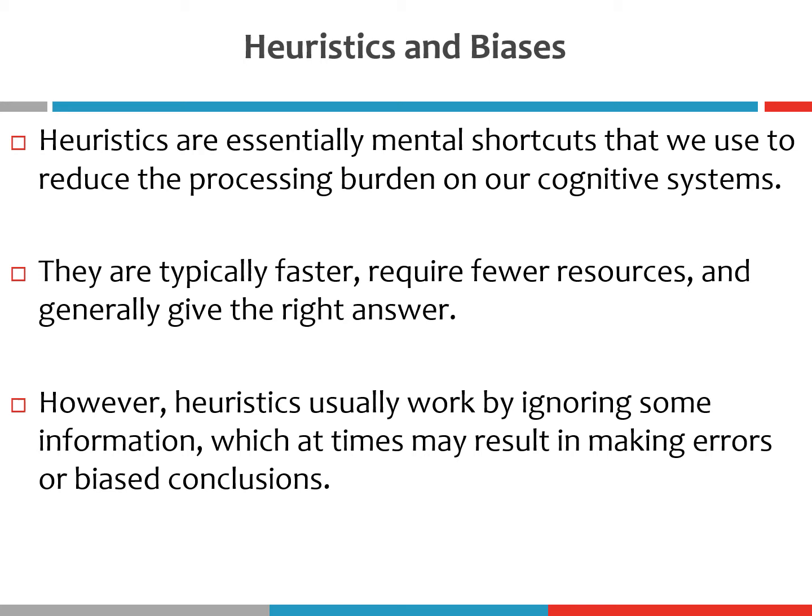Okay, so what we're going to talk about for the remainder of this video are situations where heuristics or mental shortcuts lead us astray or lead us to the wrong answer by biasing our conclusions.